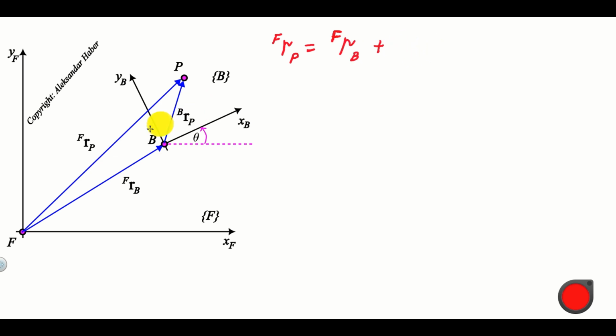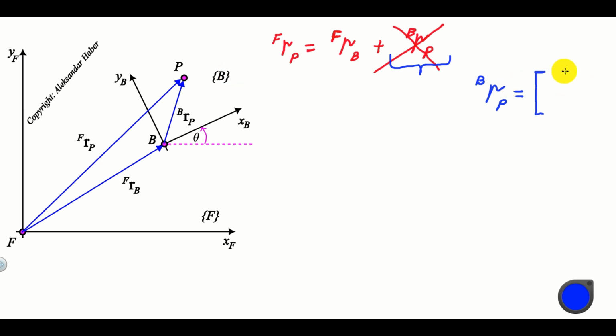Now, a naive approach would be to simply write this thing, RPB. However, this is a mistake. Stop here for a second and think why this is a mistake. The mistake over here is that the coordinates, or better to say the projection of this vector RPB, are expressed in the coordinate system B, that is in the body frame.